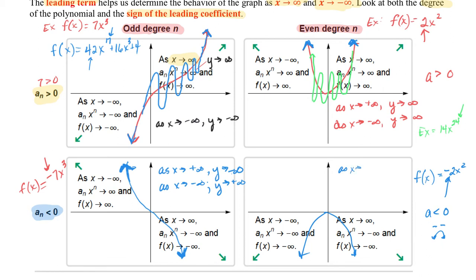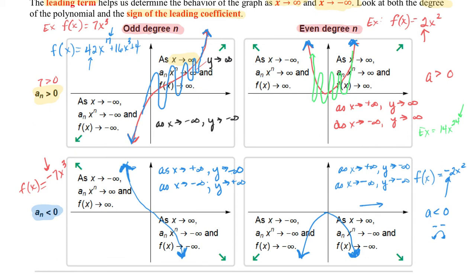So as x approaches positive infinity, so very, very large values of x, y goes to negative infinity. And I can see that here on my ends, okay? And then as x approaches negative infinity, y goes to negative infinity.